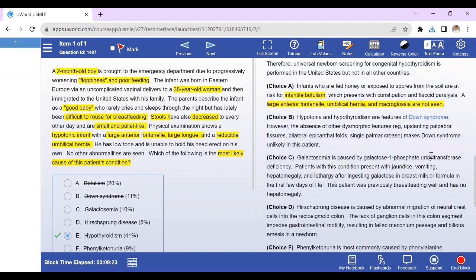Now, if you are someone in the initial phase of preparation, and you have enough time while preparing, then you must go through all the wrong options. The wrong options will not only increase your knowledge about the topics, but will also increase your understanding of why you got the question wrong.